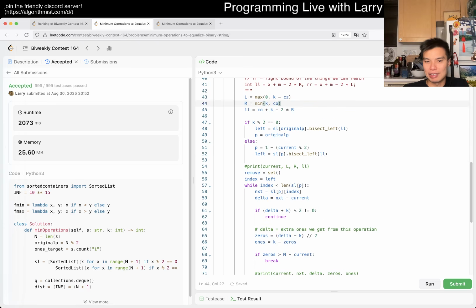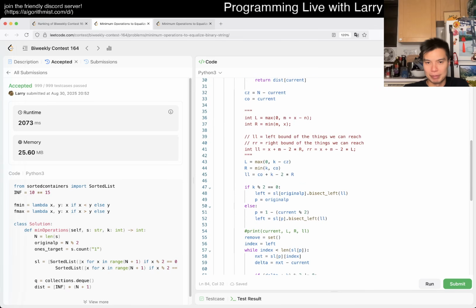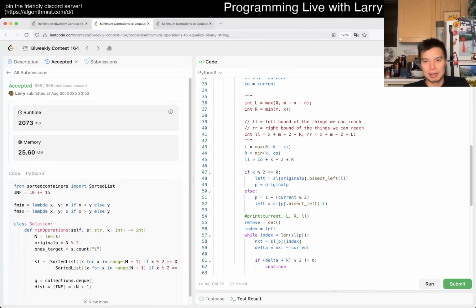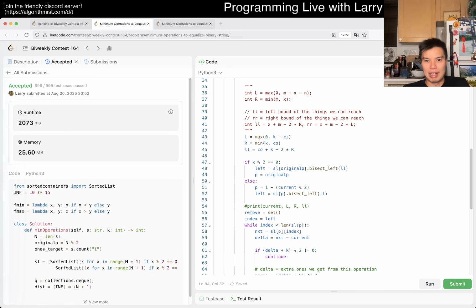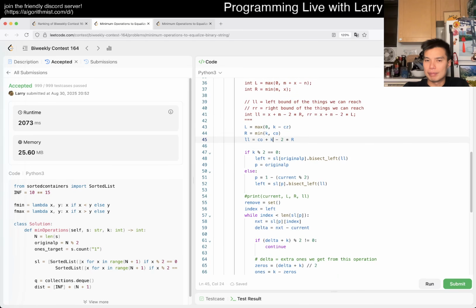I mean, everything else, like you saw, I already had it mostly set up, but I think I just wasn't able to get the math quite right. And in fact, I thought I had the left and the right, but I guess I was very wrong. Because apparently it's just something like this, and I don't know.